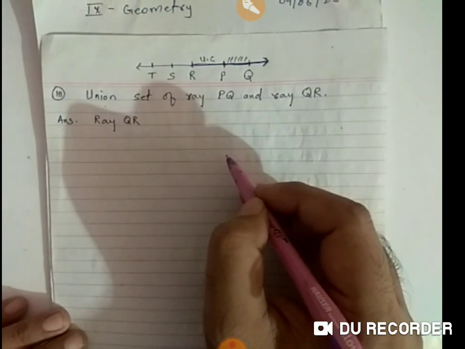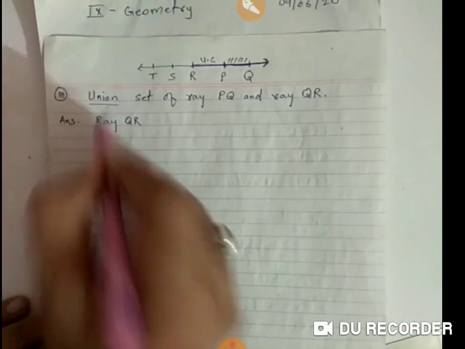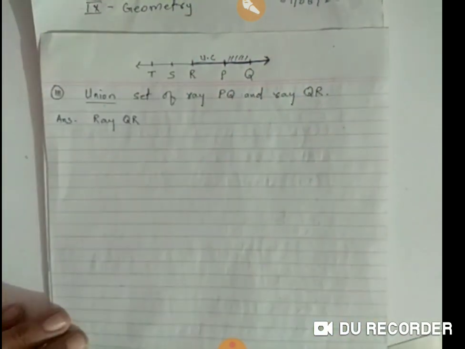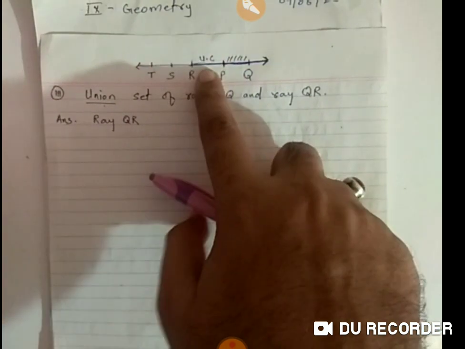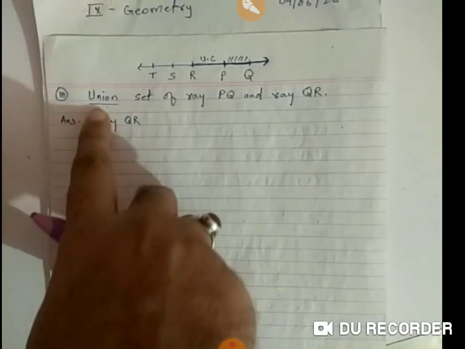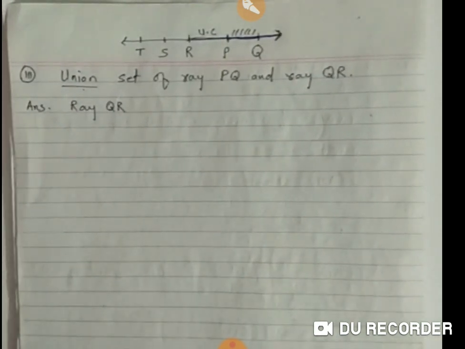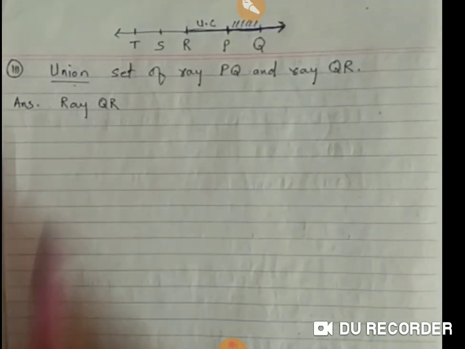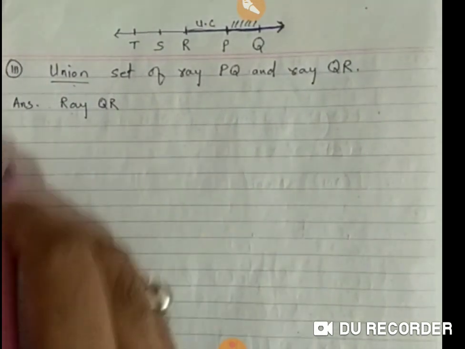So when we talk about the union of two sets, both the common element as well as the uncommon element are included in the union set. So the answer is ray QR.